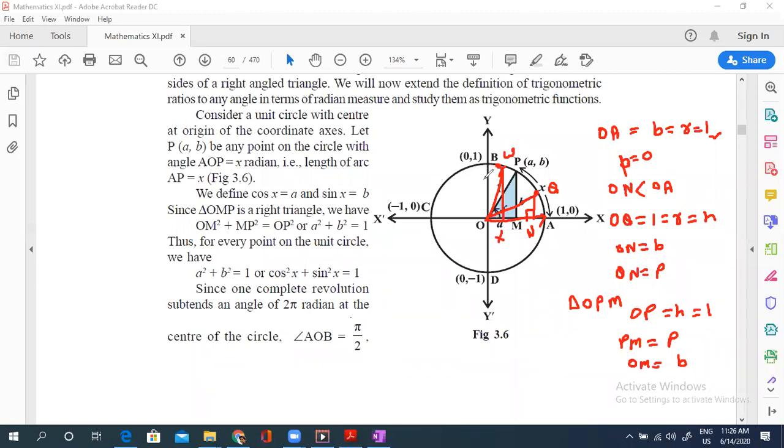Base, obviously, will decrease. If the perpendicular is increasing, the base will decrease because the hypotenuse is constant. So if the hypotenuse is constant, one parameter should decrease if the other one is increasing. Okay, got it?